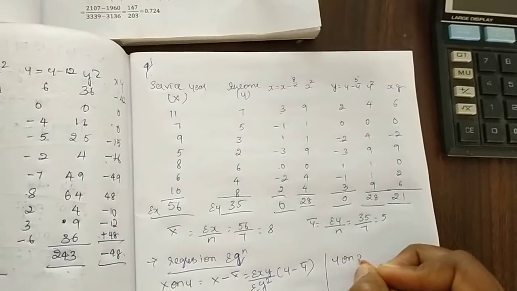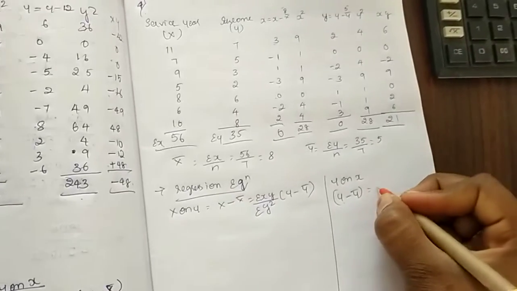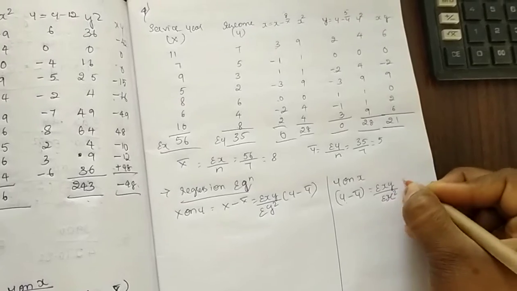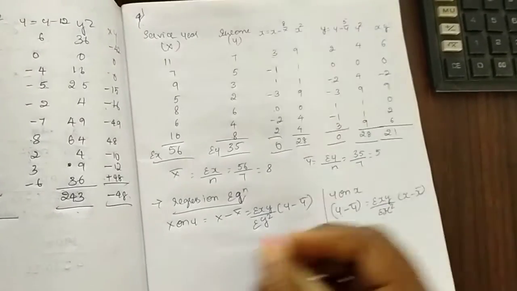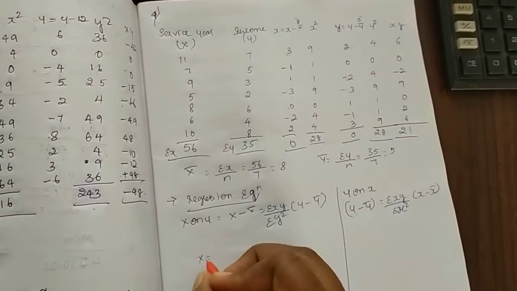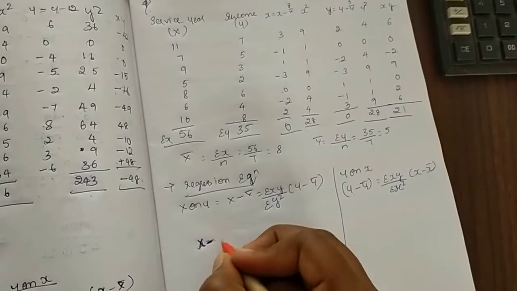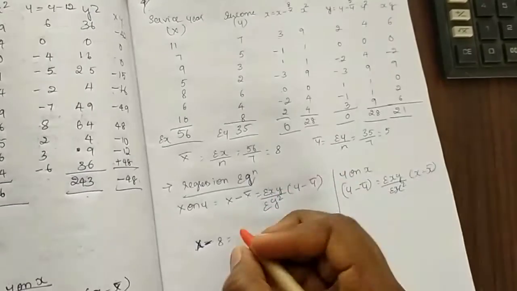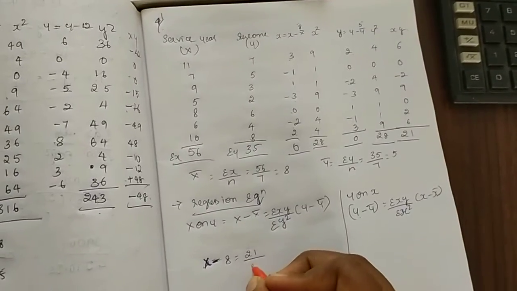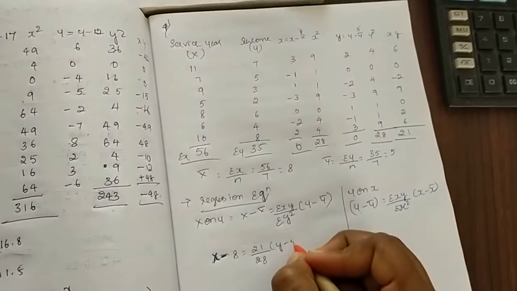Y on X is Y minus Y bar is equal to sigma xy divided by sigma x square into X minus X bar. So for X on Y: X minus X bar, 8, is equal to sigma xy 21 divided by sigma y square 28 into Y minus Y bar, 5.